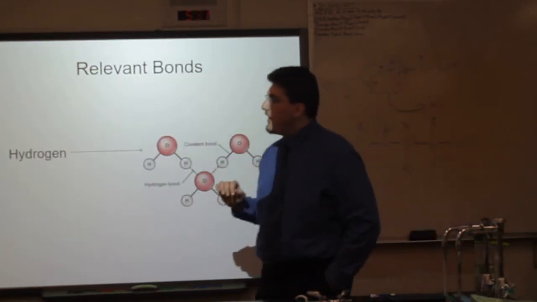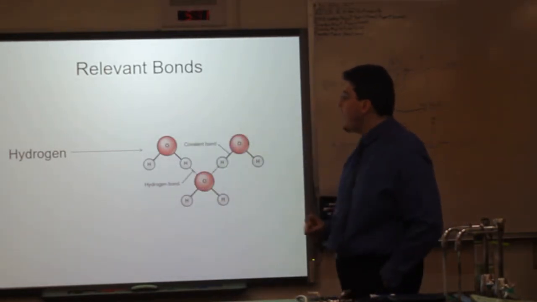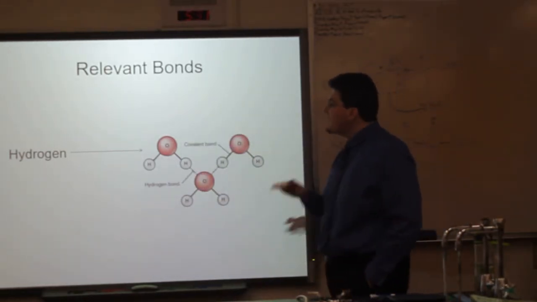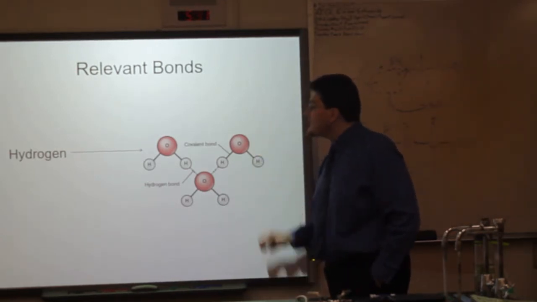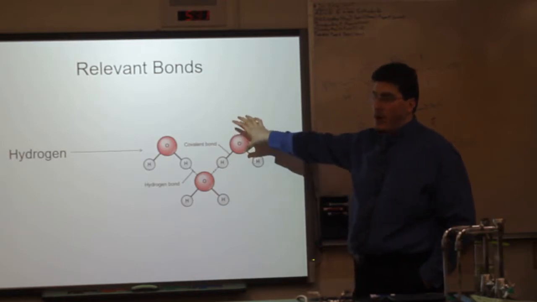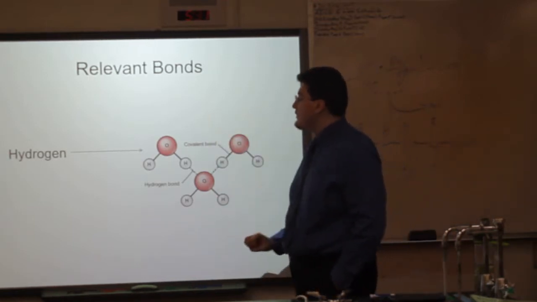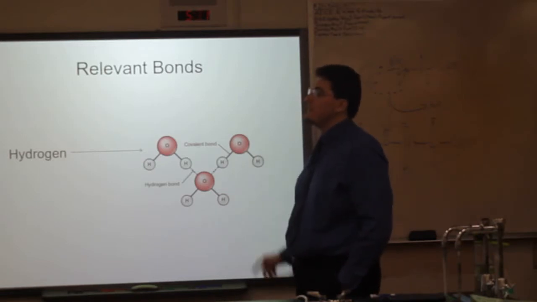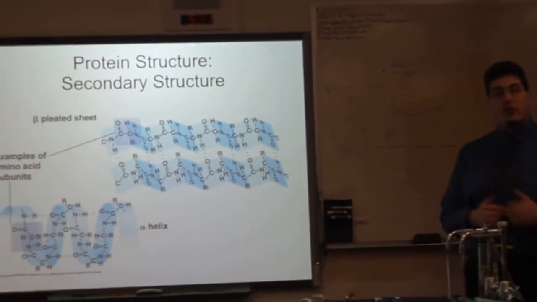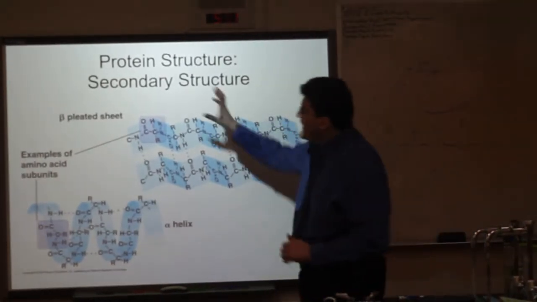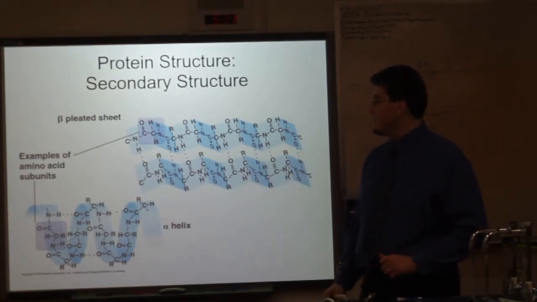The relevant bonds of the next level of protein structure is hydrogen bonding. You have a covalent bond between oxygen and hydrogen, but you have a hydrogen bond between the hydrogen of one molecule of water and the oxygen of another molecule. The secondary structure takes on two forms, where you have the beta pleated sheet and the alpha helix.